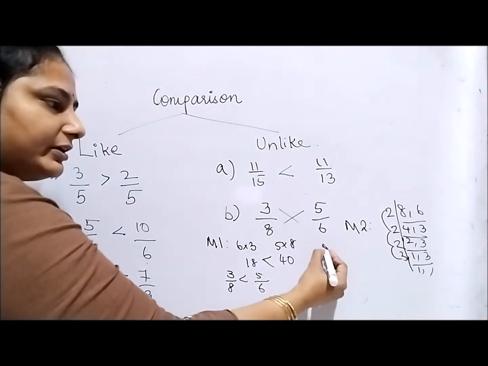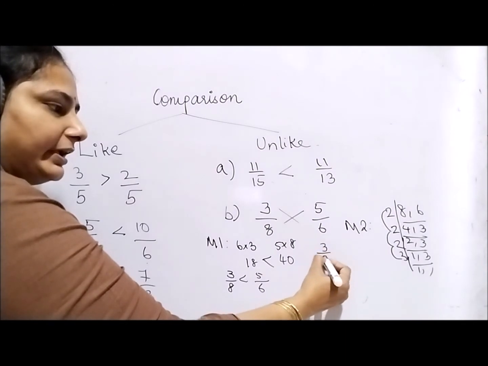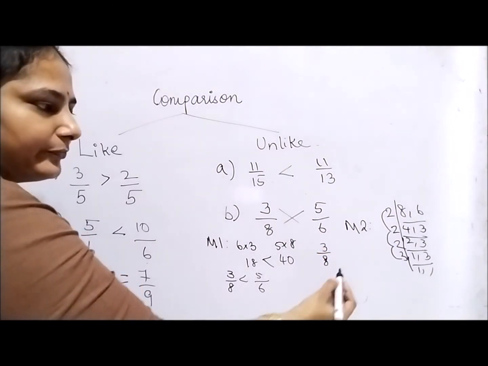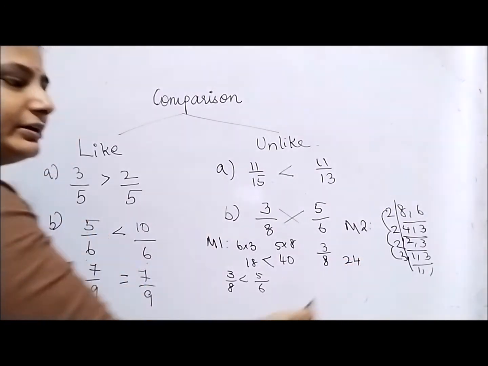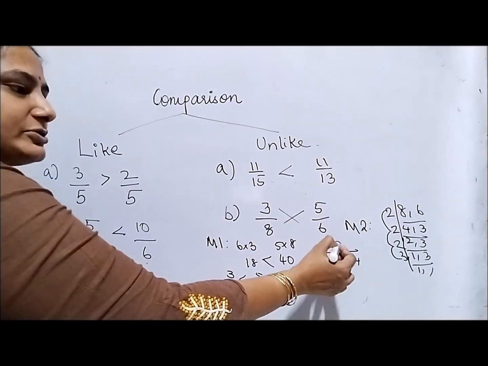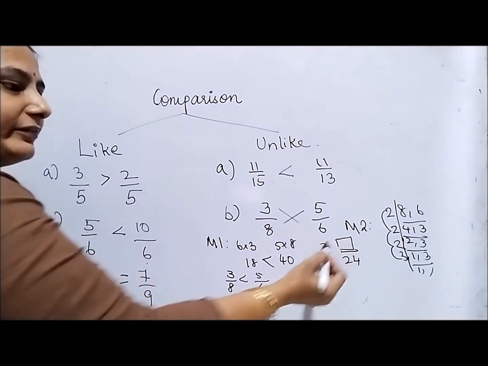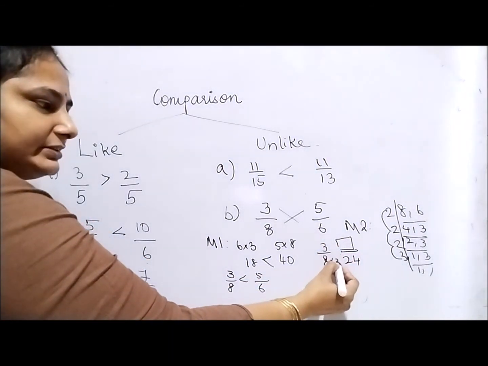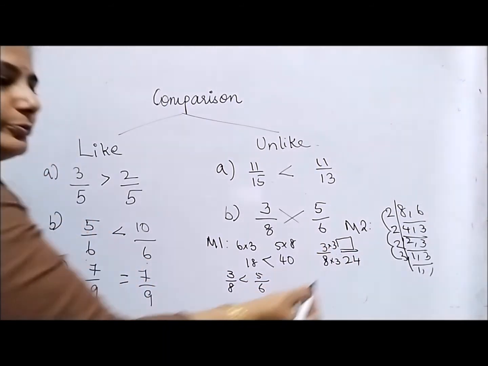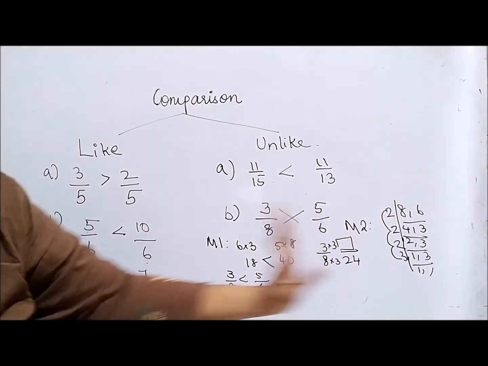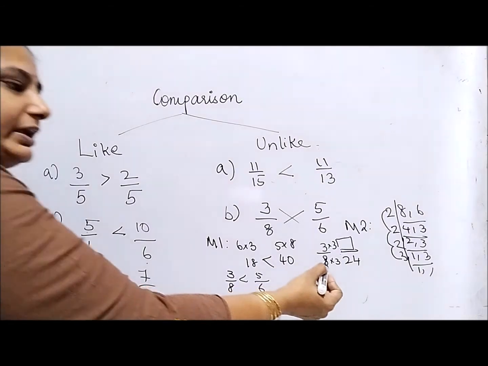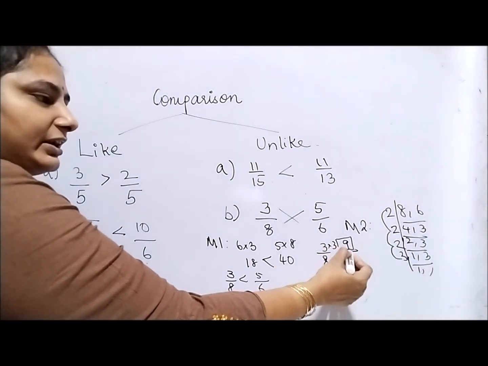Now how do I convert? 3 by 8, I need 24 as the denominator. That means what should I multiply here with? I should multiply 3. So here also I should multiply 3. So 3 by 3 is 1, value is not changed, it's the equivalent fraction. 8 3s are 24, 3 3s are 9.